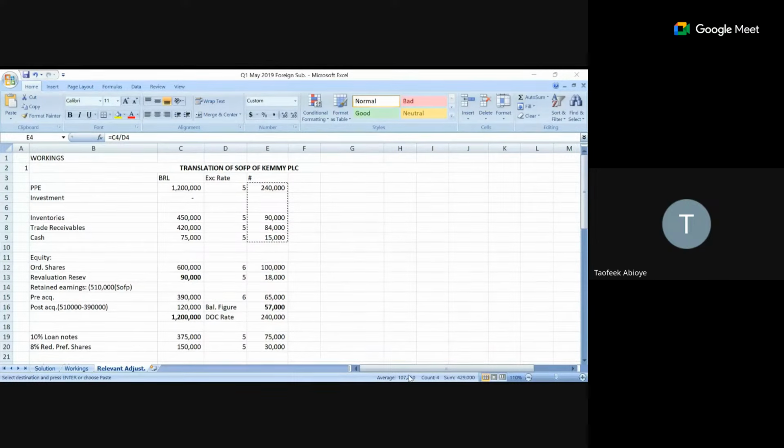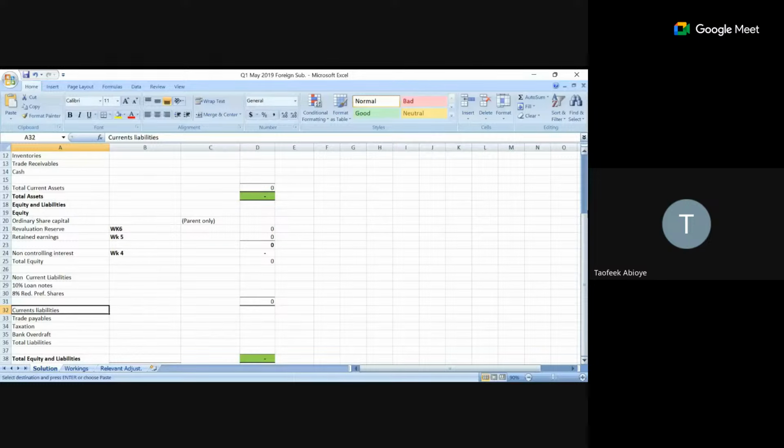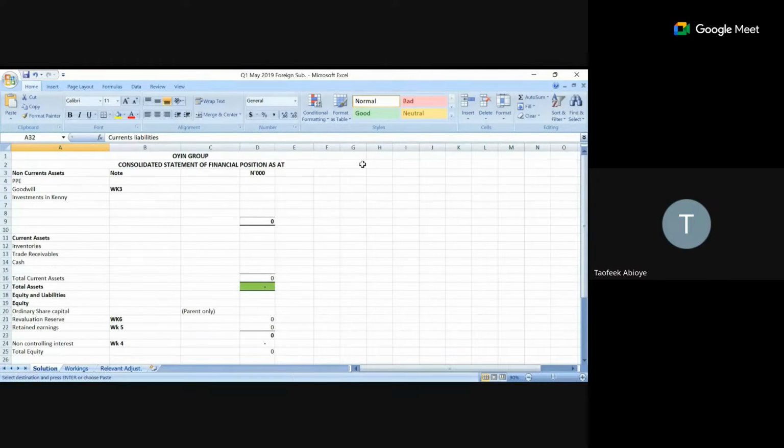So we are picking Naira to our solution page. Let's go to our solution page and put them here. Let's copy and paste special, and let's paste value. So this is our PPE for the parent company.